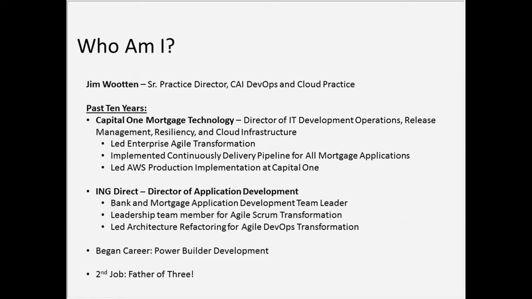At a smaller scale, we did an Agile Scrum transformation, which we ended up using for our enterprise transformation when we joined Capital One, and then led the architecture refactoring to move into a DevOps implementation. We'll learn a little bit about that.